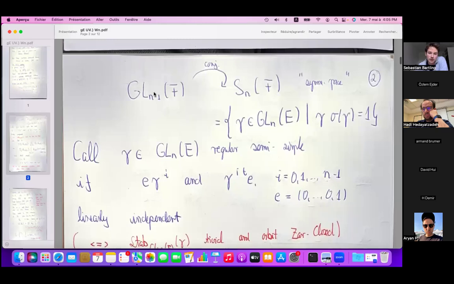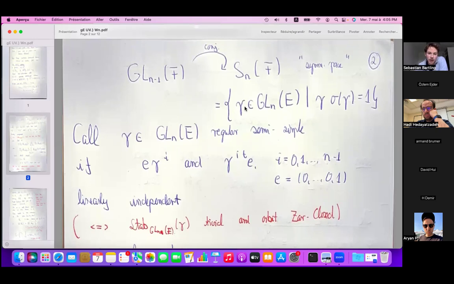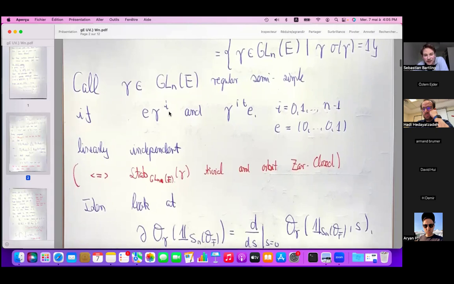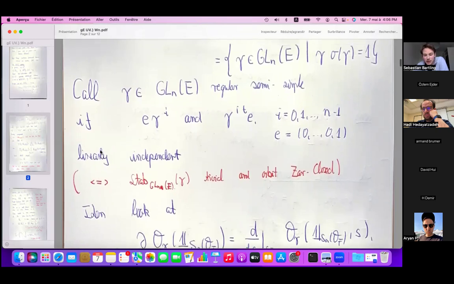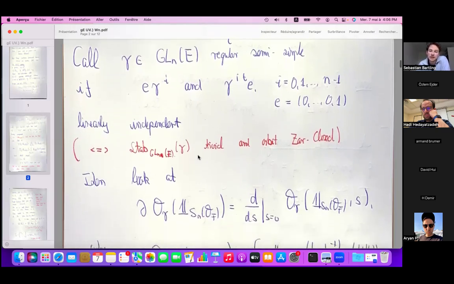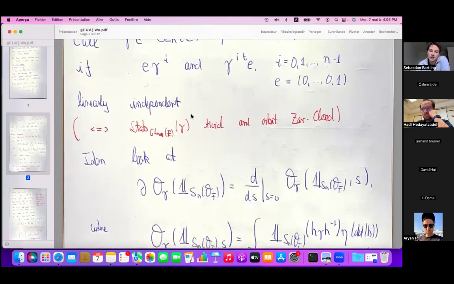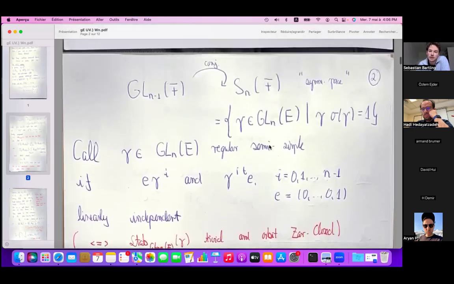On this space, GL_{n-1}(F) now acts by conjugation.